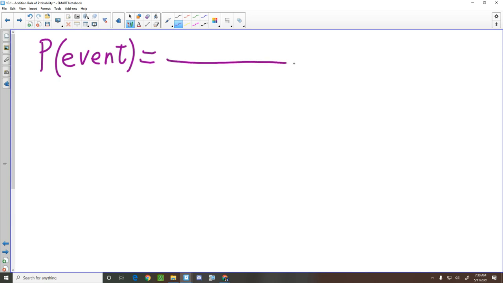So a basic probability, the way that it's written is capital P and then parentheses of some event occurring. So the probability of some event occurring. And it's going to be a basic fraction. And in the numerator, you basically list the number of favorable outcomes, meaning the thing that you want to have happen.